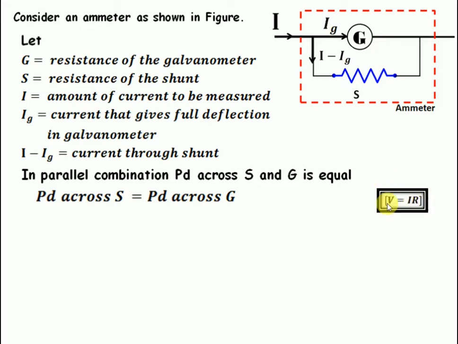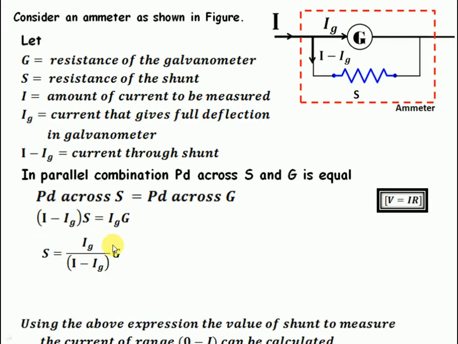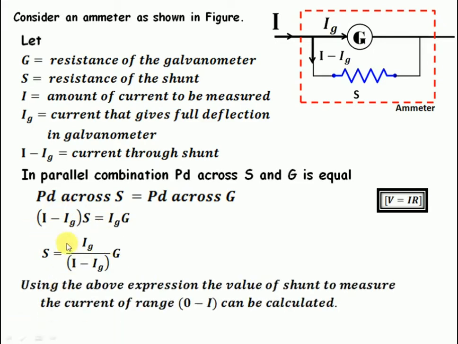Now using the relation V equals IR, I can find the PD across G and the PD across S. The PD across S is current times resistance, so the current is I minus Ig and the resistance is S. The PD across G is current Ig into resistance G. So now I can write S equals Ig G divided by I minus Ig.